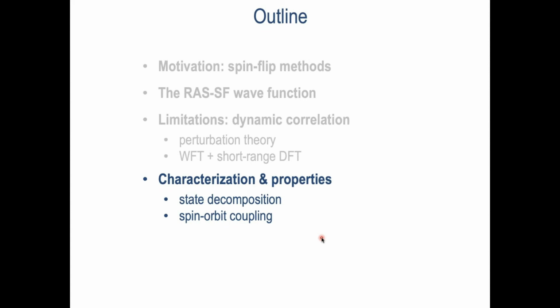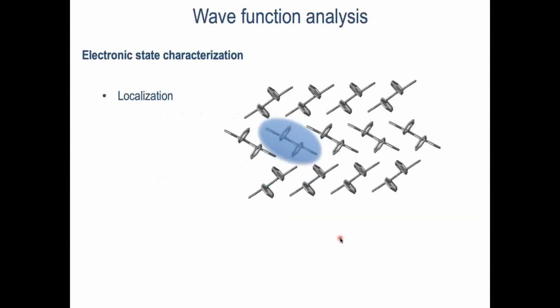And now let me tell you about different computational tools that we have to characterize the states computed with RASCI spin flip or RASCI, and also to characterize electronic transitions between states. We believe that a detailed characterization of electronic wave functions is very important and helps us to understand many different processes or properties of our molecules.